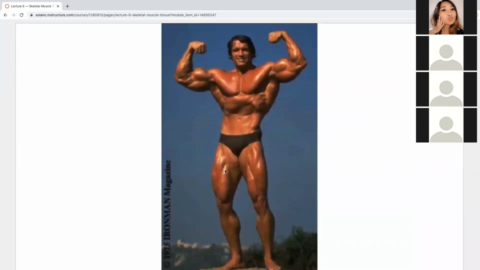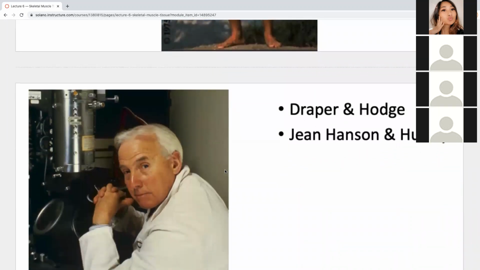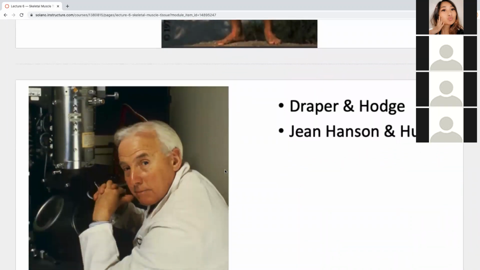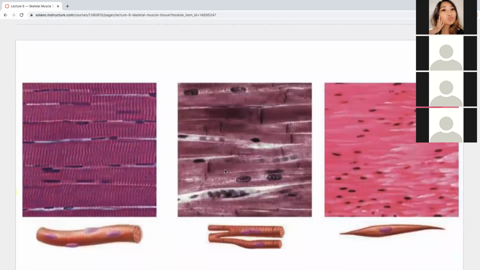We were talking about a lot of muscles. And these are the pioneers, Draper and Hodges, Gene Hudson and Huxley. We can forget about them already. 3 different types of muscles: smooth muscle, skeletal muscle, and cardiac muscle.